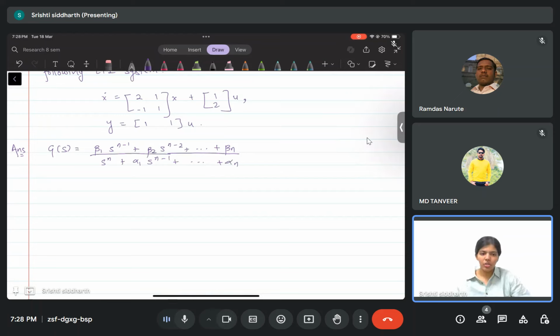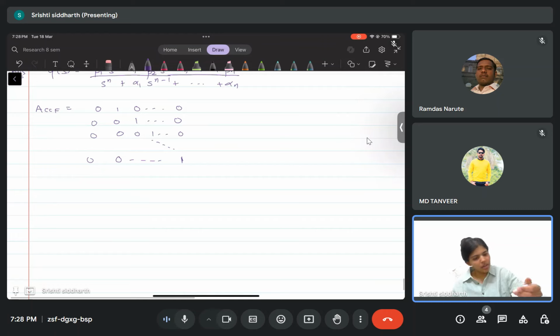And if we have this general transfer function, the A matrix in the controllable canonical form is simply a chain of integrators: 0, 1, 0, 1 keep shifting to the right, and then the last row is minus alpha n till minus alpha 1.